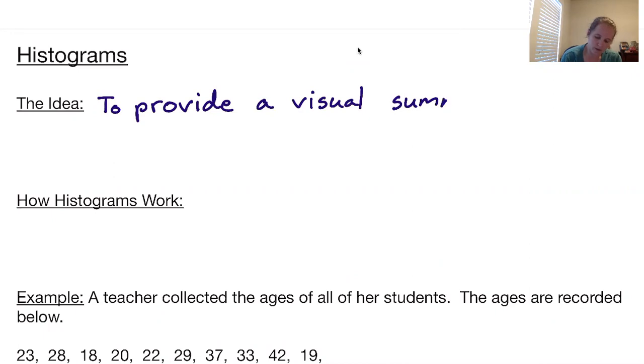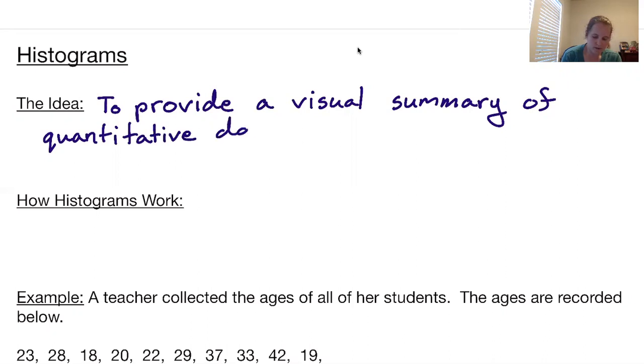In the case of a histogram, we are less concerned with specific values and more concerned with just a general idea of where the values fall.